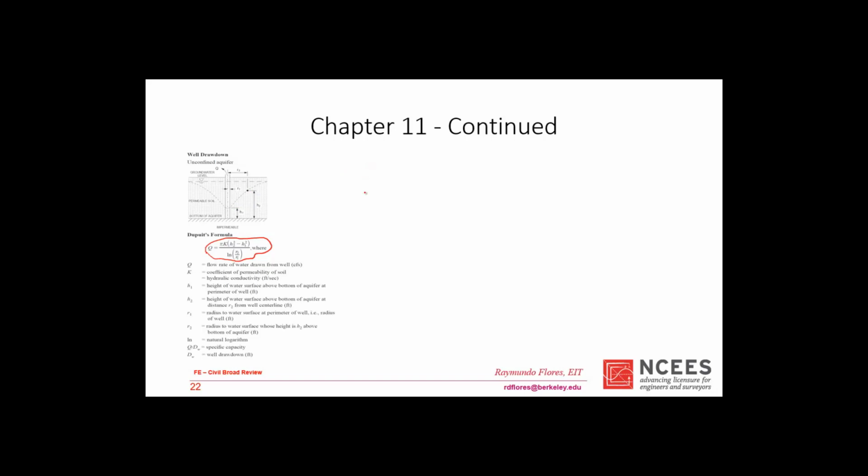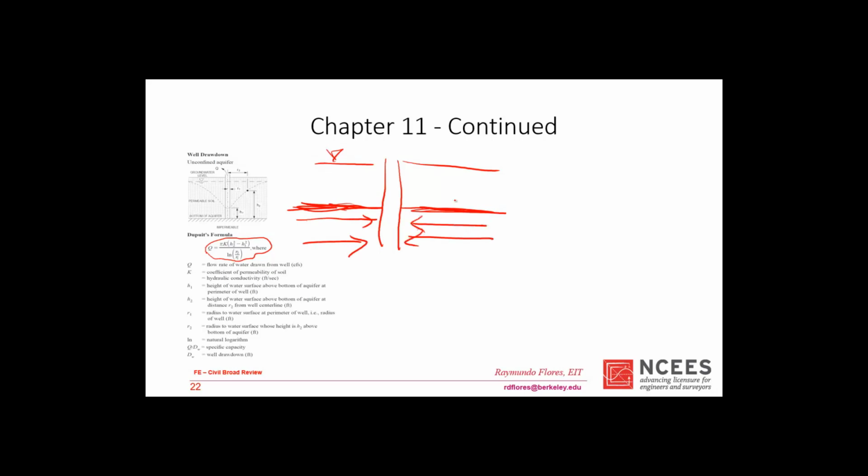A confined portion would allow you to create a boundary condition yourself, so that even if water is over here, I'm going to block it in such a way that it can't flow up here. Instead, it would have to flow this way. I'm forcing the flow of water. So this is what confining is.